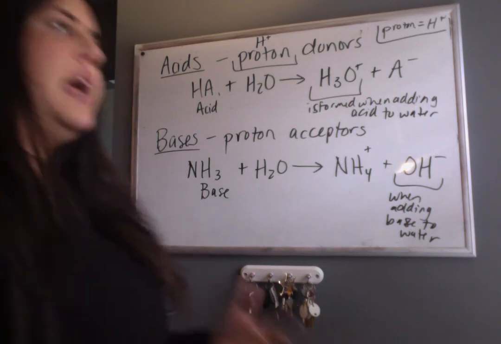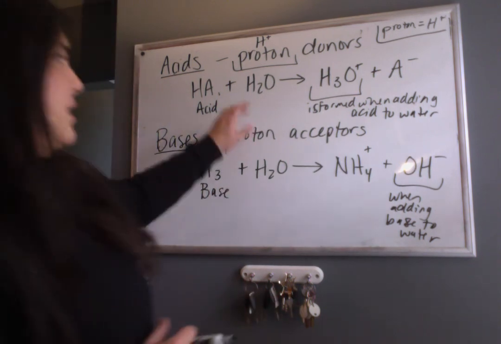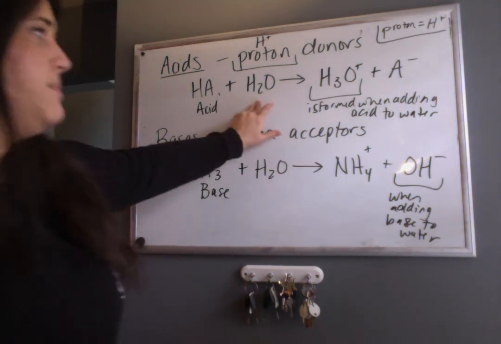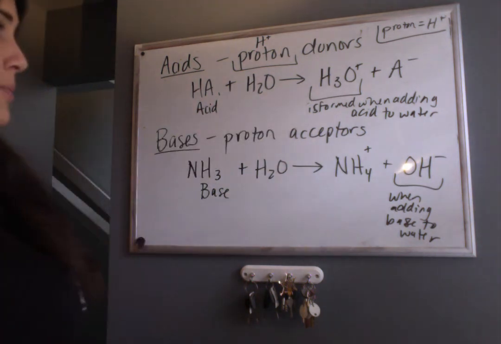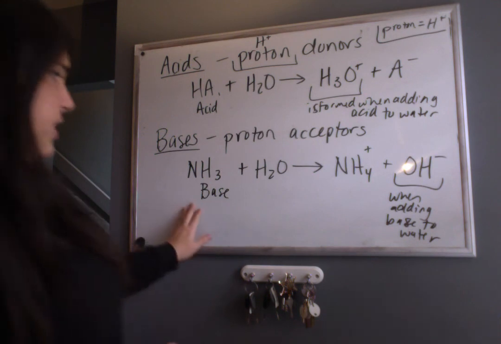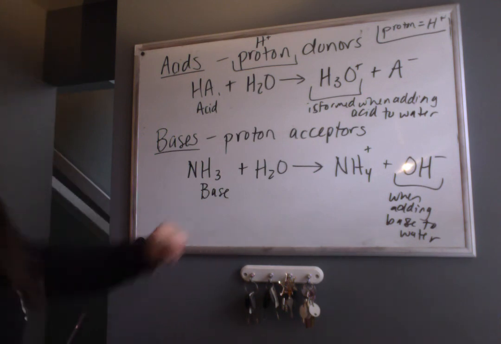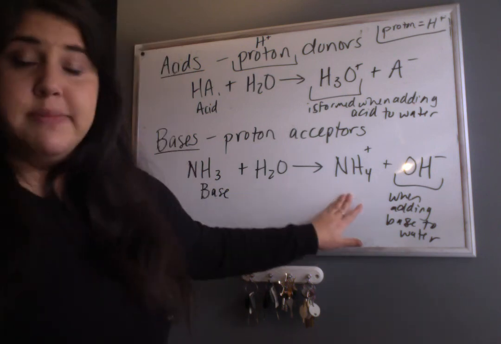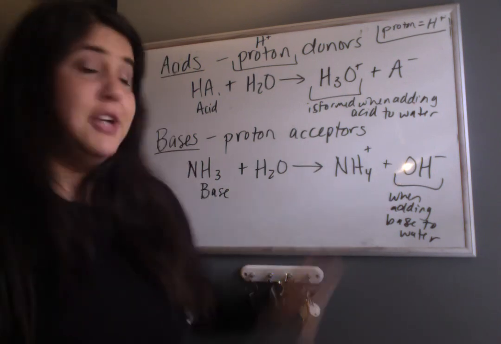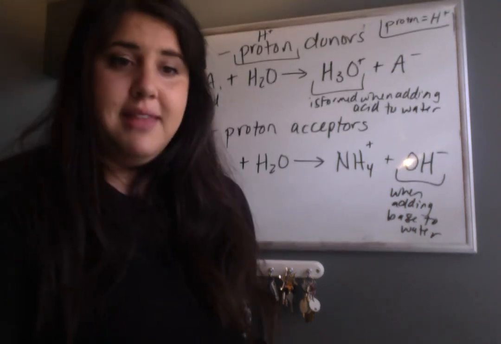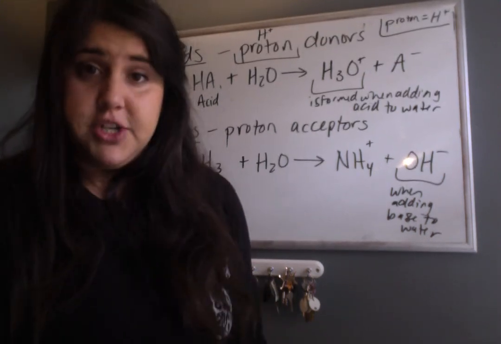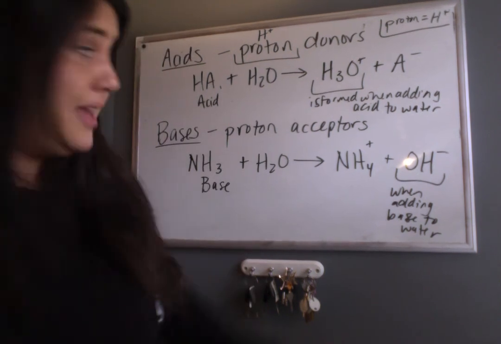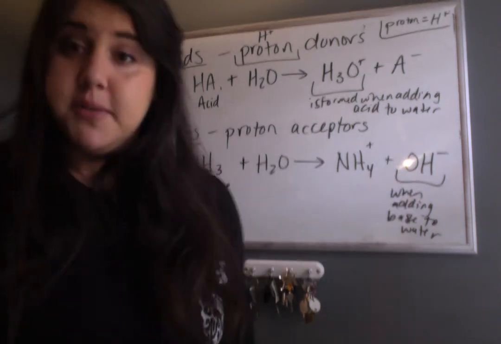An acid donates protons, so when I think of an acid reacting with water, I think of an acid donating a proton to water to form H3O+. When I think of a base in water, I think of a base accepting a proton from water to form hydroxide. Whatever else is formed doesn't matter, but a base will form hydroxide in water. And that goes back to our Arrhenius definition. Even though Arrhenius was ignoring the water, he was still technically correct that a base in water produces hydroxide.